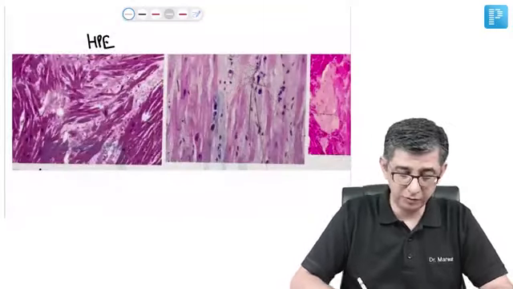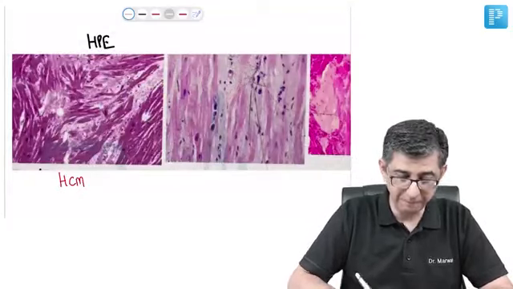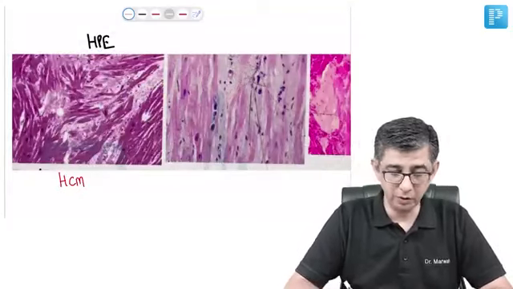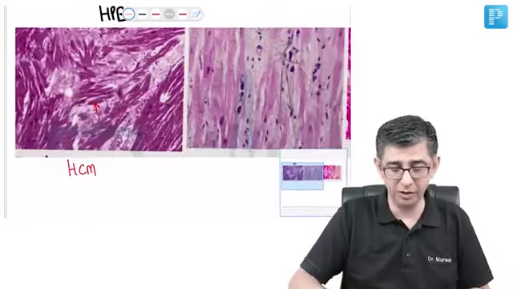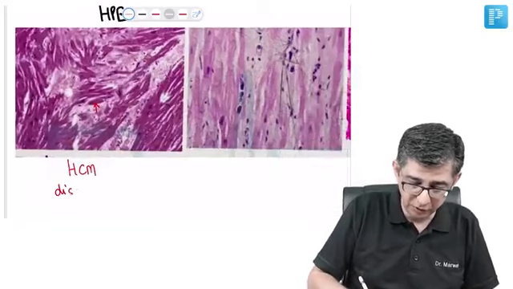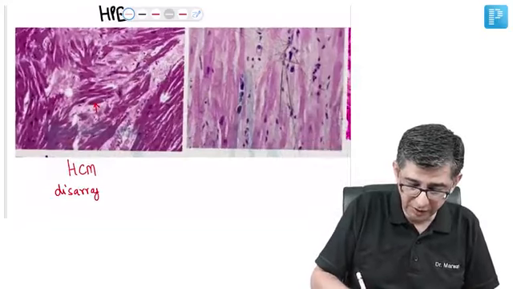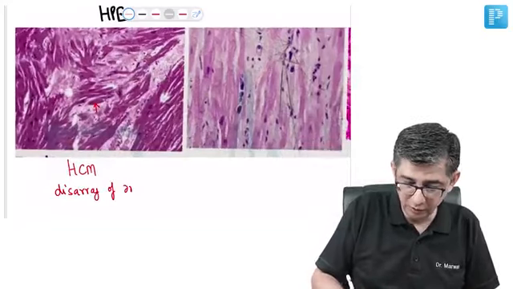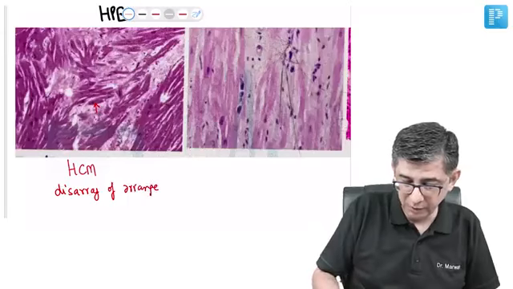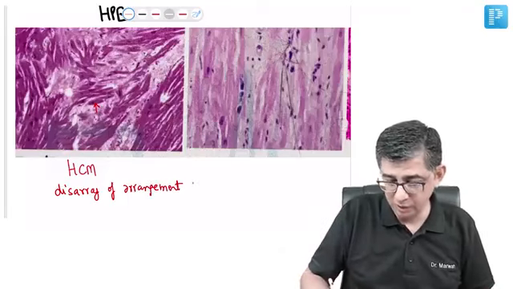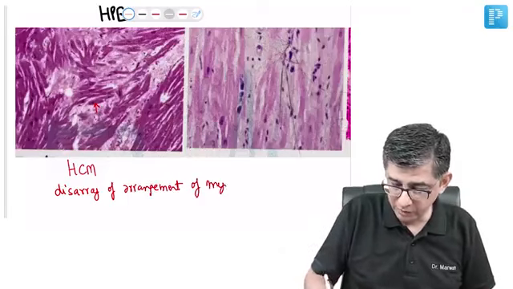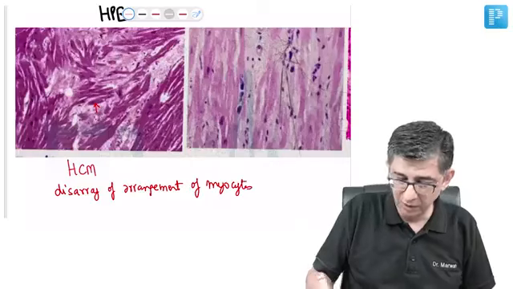So as the name suggests, for hypertrophic cardiomyopathy, you will be able to see myocytes which look relatively bigger, but they are all in a very irregular fashion. One of the features of this particular slide is the disarray of the arrangement of the myofibrils. The statement I made was that there is a disorganized arrangement of the cardiac myocytes or myofibrils.